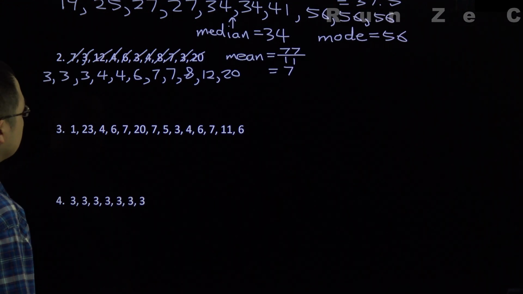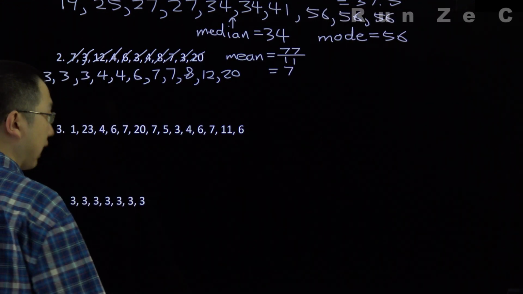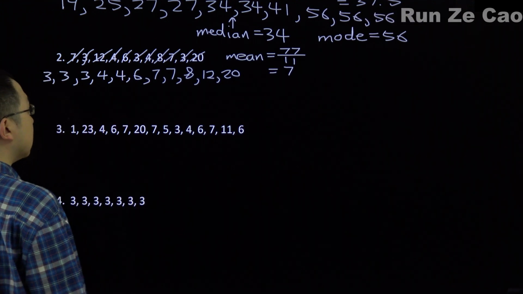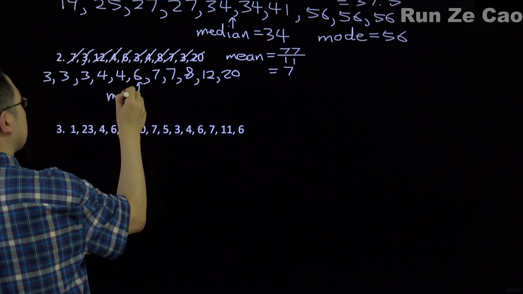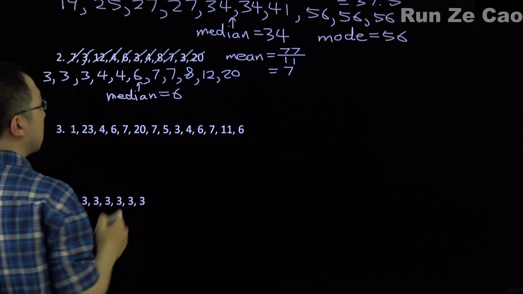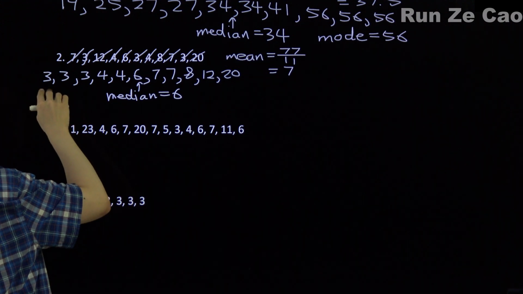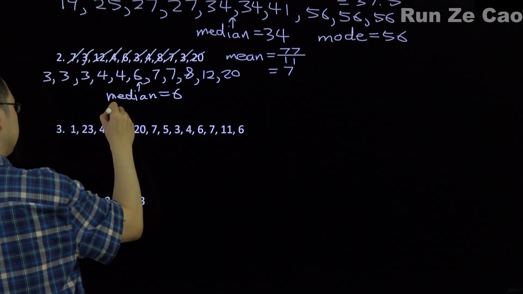Okay. So for the median, there are 11 numbers, so we're looking at the 6th number, with 5 on either side, as the median. Median equals 6. And the mode, the most common number, the one that appears the most times, is obviously 3 here.